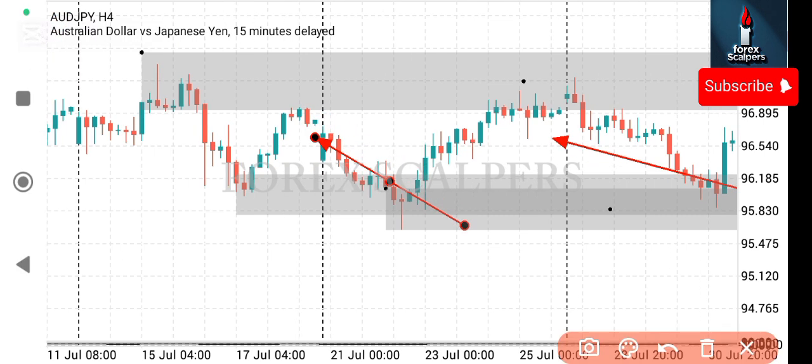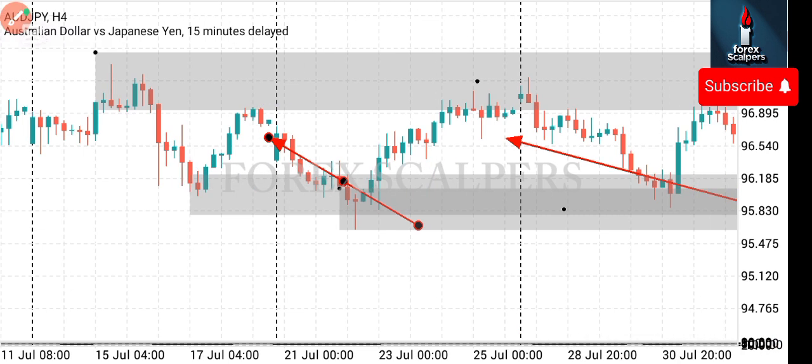You can see how this candle engulfed the previous candle. That is the bearish engulfing candle. The red candle you are seeing here is a bearish engulfing candle. After the formation of that candle, you can see how price sold all the way to this downside.